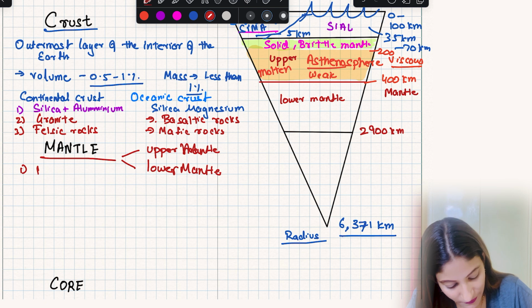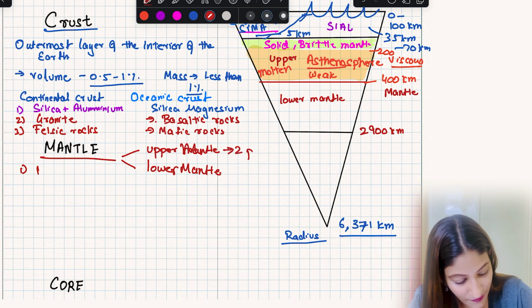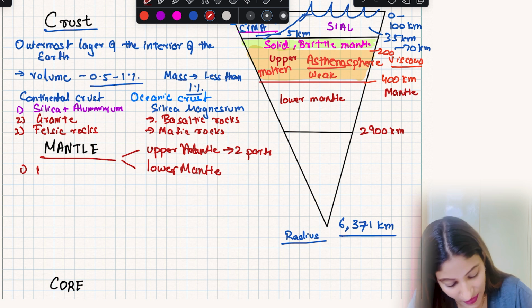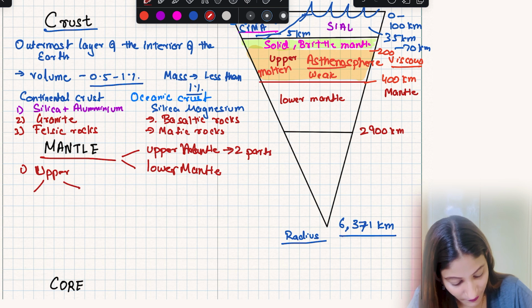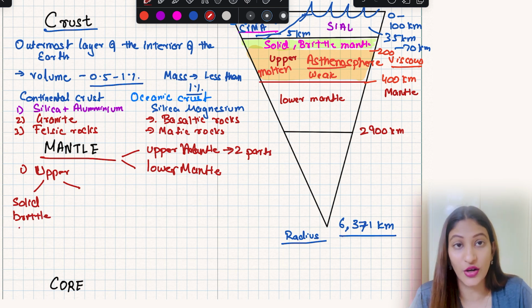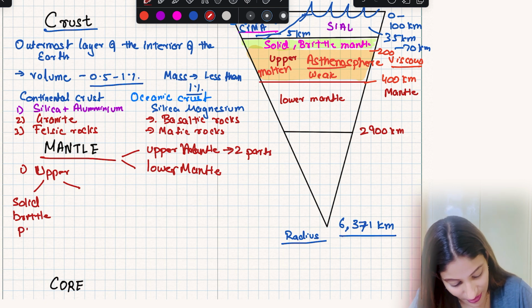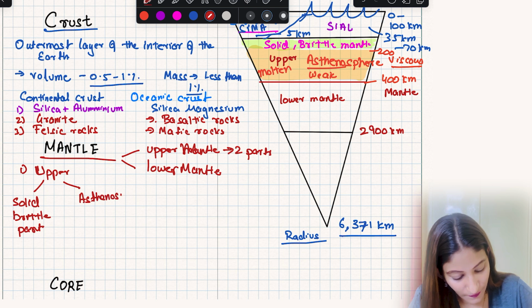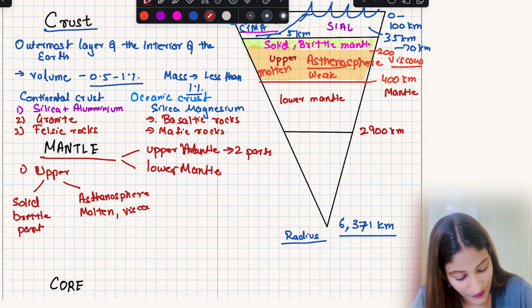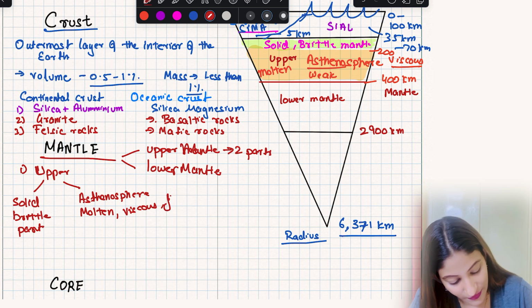Upper mantle is further divided into two parts. The two parts are the solid brittle part, which later on will be very important for us to understand when we talk about the mechanical divisions, and the next one is the asthenosphere, which is the molten, viscous portion, the source of lava as well.